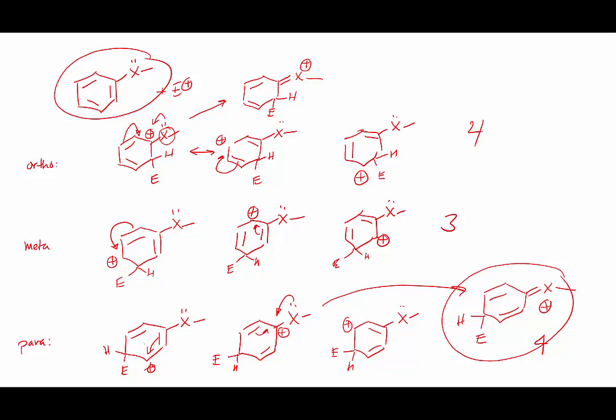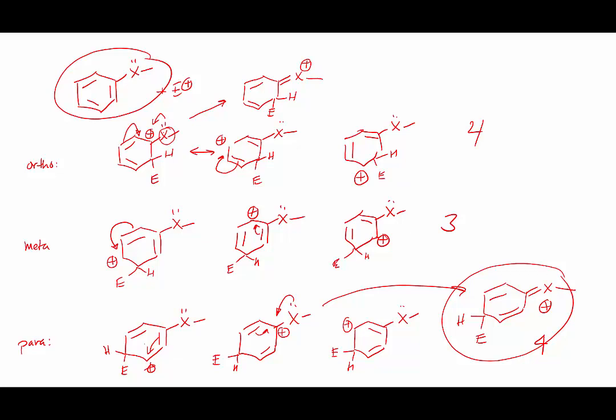So R doesn't give us the 4th resonance structure, but what it does give us is a tertiary carbocation and 2 secondaries. What do we get when we add to meta if those were R groups? If each one of those X was an R group, how many secondary carbocations do I have? 3. So I don't have a tertiary.